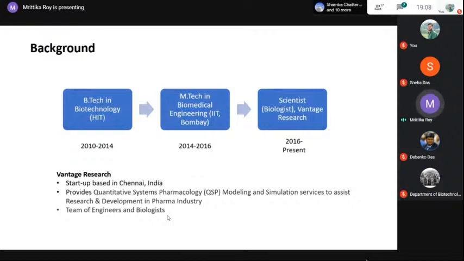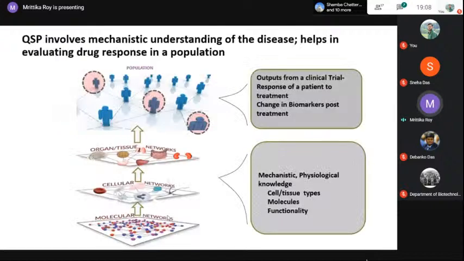Now I would like to delve a little deeper into what kind of modeling we do. But before that, I want to describe why modeling is required, especially in the pharma industry. And for that, as you are all aware, the drug development process is a very intensive process where the pharma industry invests billions of dollars.